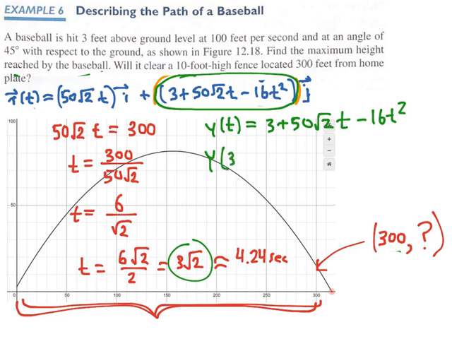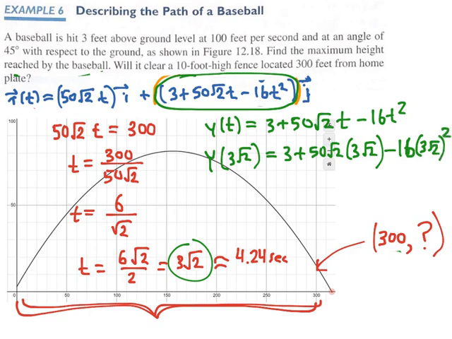So we have y of 3 times the square root of 2. For many problems, you'll just use the decimal approximation. Try not to round too much so that you don't affect the accuracy of your answer. But in this particular problem, you can actually use the exact value of the time. So what you get is 15 feet.